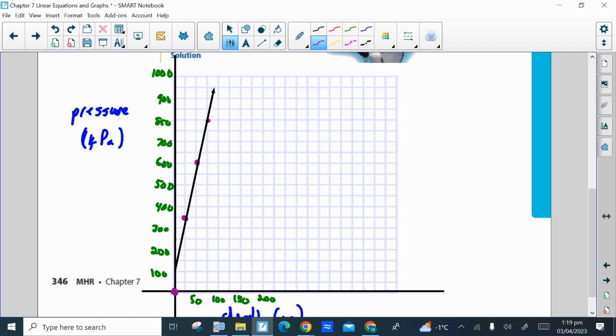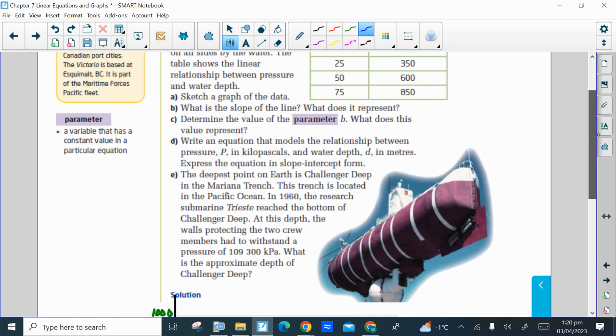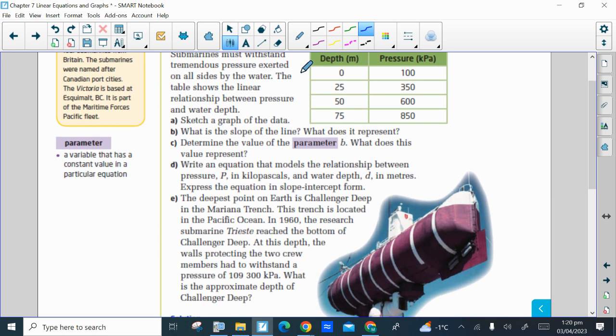So we want to find the slope of this line. And remember, we learned last week that you can use the slope formula to find slope. y2 minus y1 over x2 minus x1. We just use any 2 points. So if we look at our table up here, we can let the first point be 0, 100, and the second point be 25, 350. So this is x1 and y1, x2 and y2.